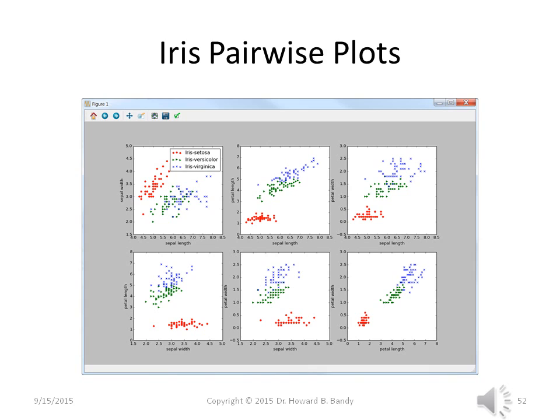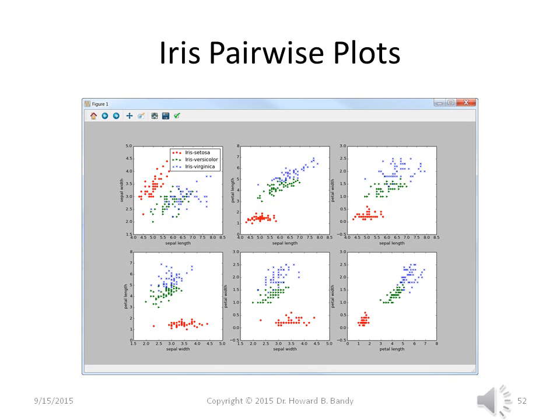If we look at each of the pairwise plots of the predictor variables, sepal length versus sepal width is the one in the upper left-hand corner, and the species are identified by colored icons on the screen.